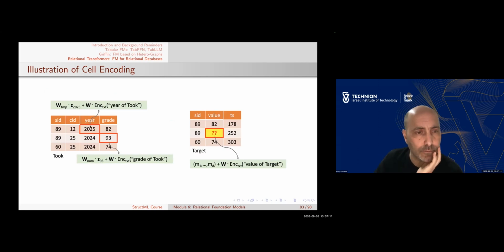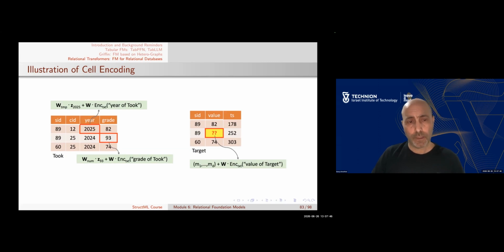Here's an example. We have one of the tables of the database, and here are two cells. This cell will have the weight matrix of the year type, plus the representation of the number here, 2025, plus some component over the encoding of year of the Tuk relation.